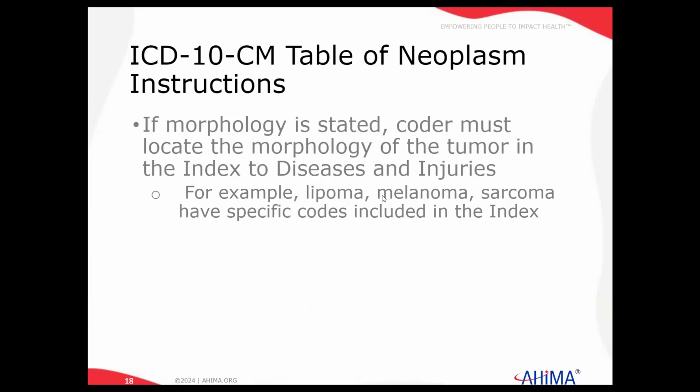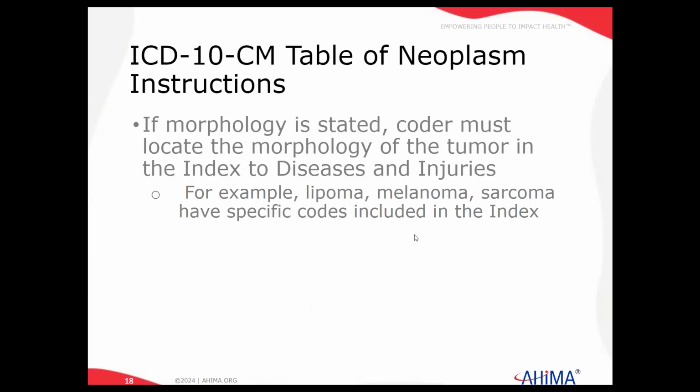Here's how we put it all together. When coding cancers, if a morphology is stated, we have to locate the morphology of the tumor in the index to diseases. What we mean by using a morphological term or morphology, start by looking at anything that ends in OMA: lipoma, melanoma, sarcoma.